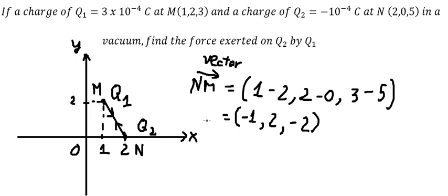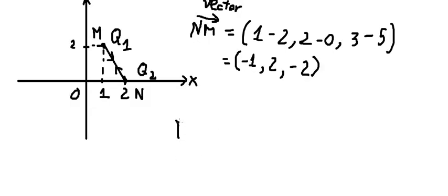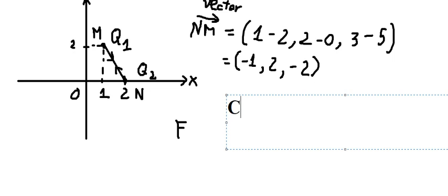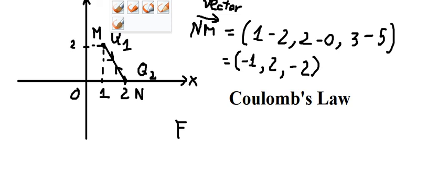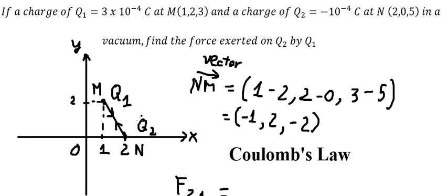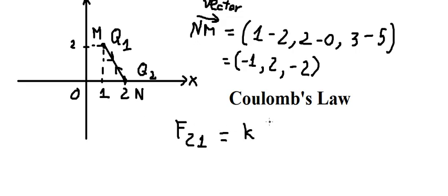The first thing we need to do is find the force. The force in this situation, we follow the formula of Coulomb's law in here. So that should be F21. So we have K multiplied by Q1 Q2 over R squared. R is the distance between 1 and 2.